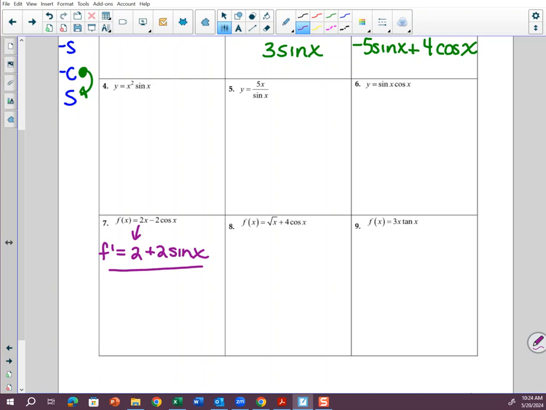Similar thing down on number 8. The derivative here of the root x is 1/2 x to the negative 1/2. And then the derivative of 4 cosine is negative 4 sine x.